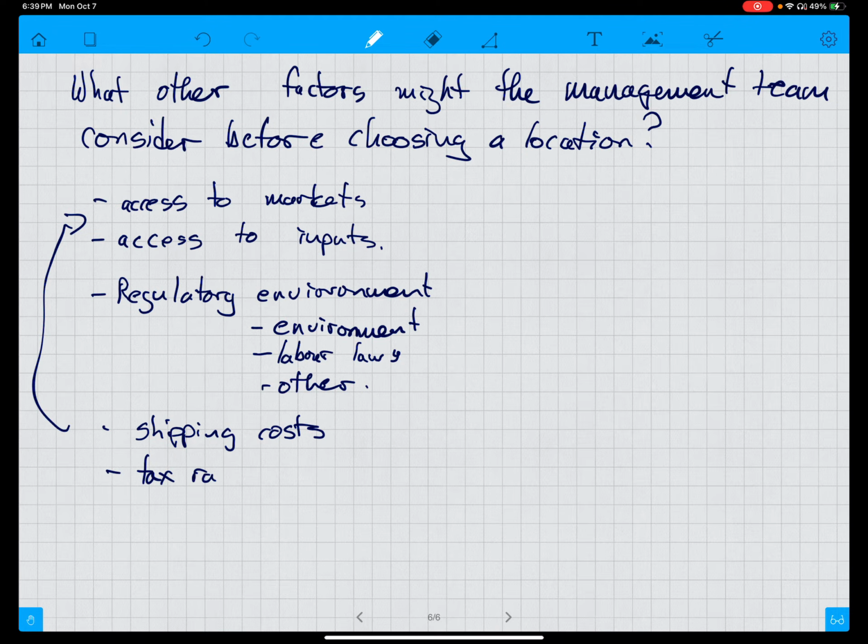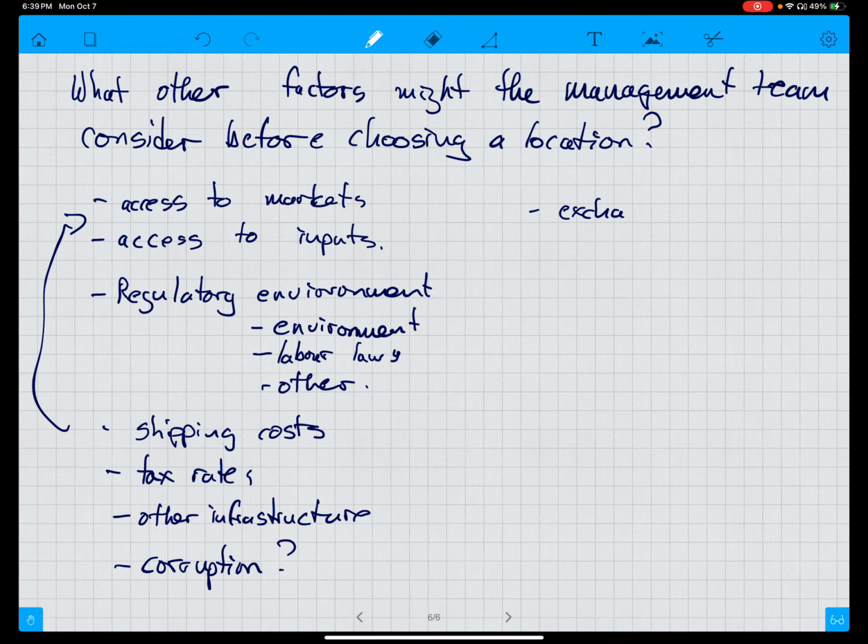Tax rates, other infrastructure. What are the roads like? What are the supporting industries like? Corruption, especially in the developing world. Exchange rate risk.